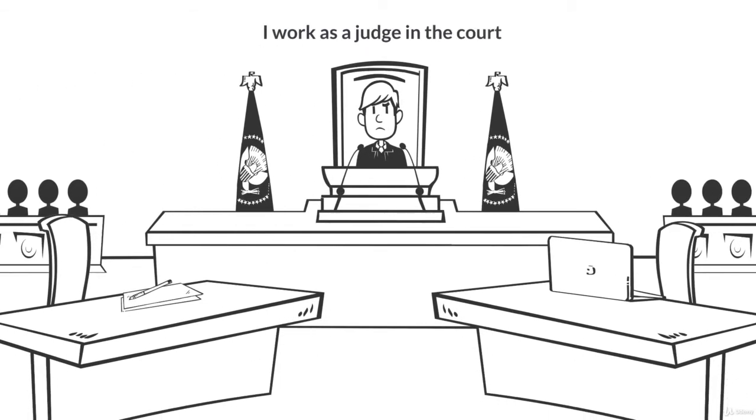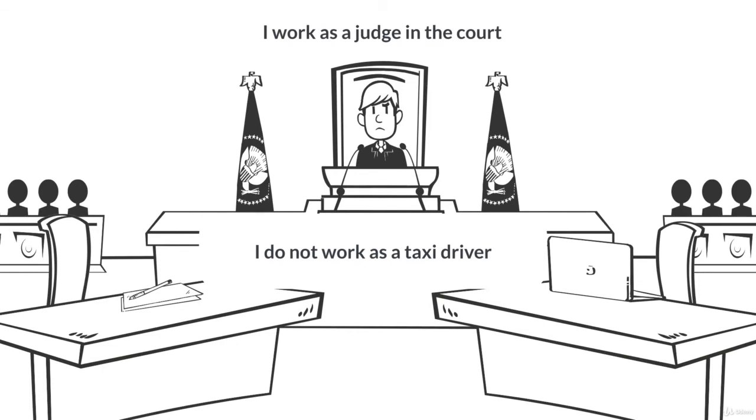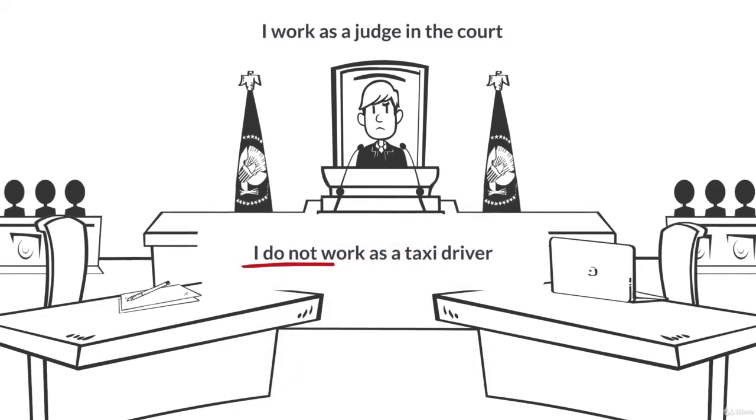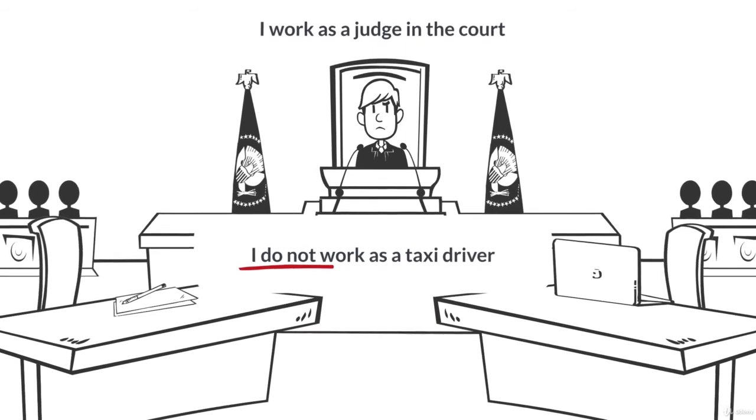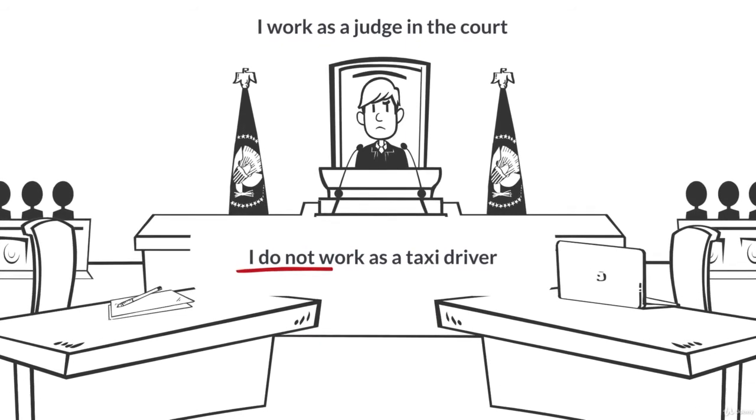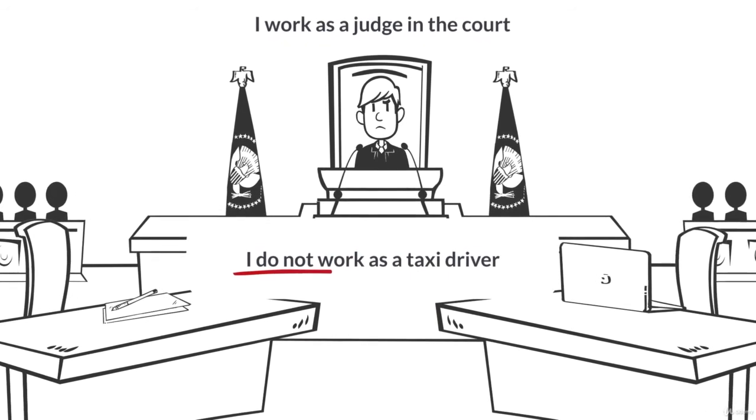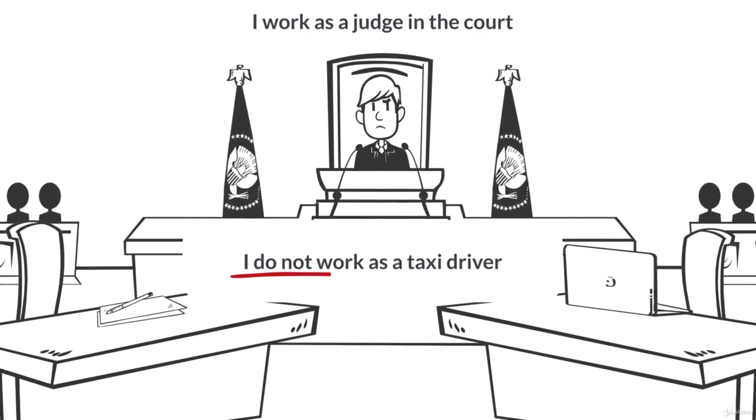For example, I work as a judge in the court. It's a positive sentence. I do not work as a taxi driver. This is a negative sentence. We put do not before the predicate work. I do not work as a taxi driver.